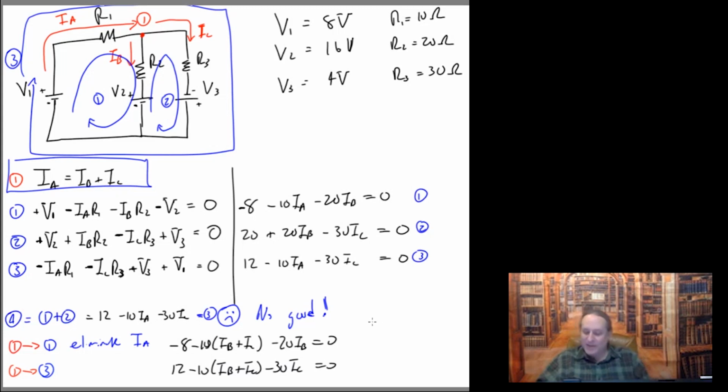Let's simplify. This gives me minus 8 minus 30 IB minus 10 IC equals 0 for the first equation, and 12 minus 10 IB minus 40 IC equals 0 for the second equation.